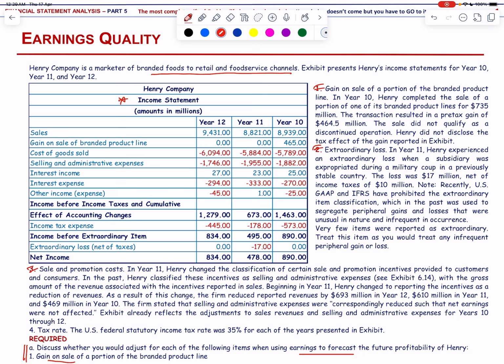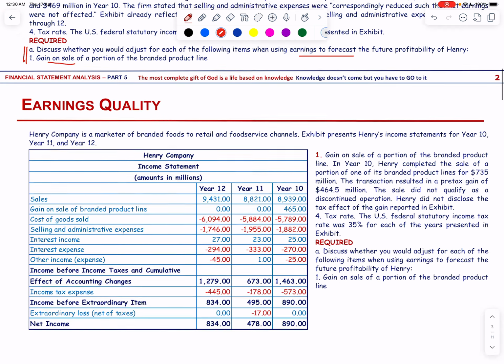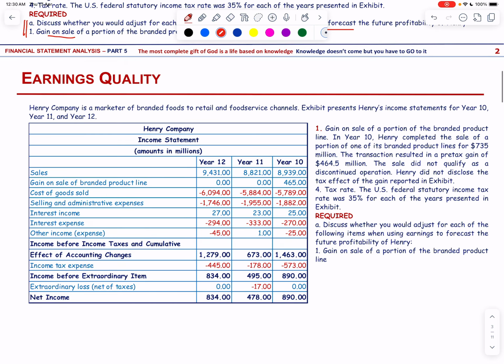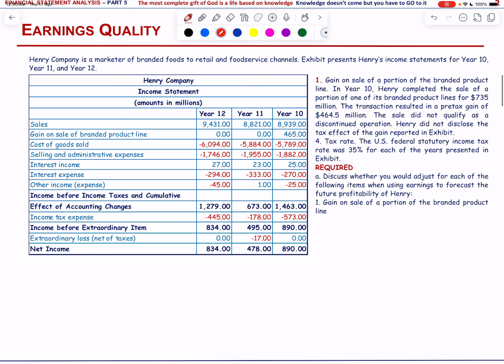Now, the gain on sale of the branded product line is part number one, and then this is for the extraordinary loss. This we are going to look into the other relevant part of the question to follow. So, what I am going to do is include only the portion of the question that is directly relevant in order to allocate more space for a clear and thorough explanation of the answer.